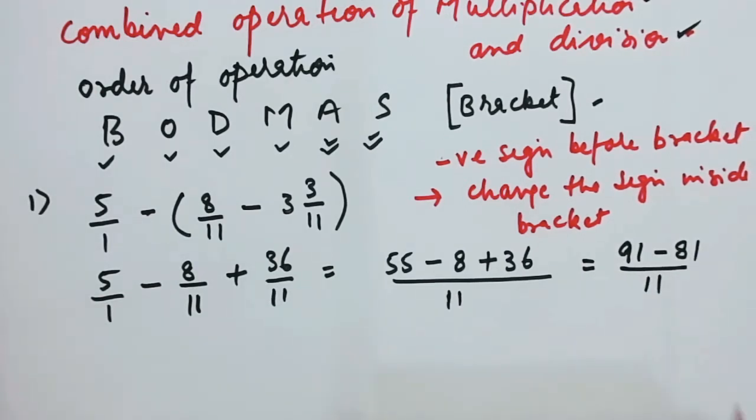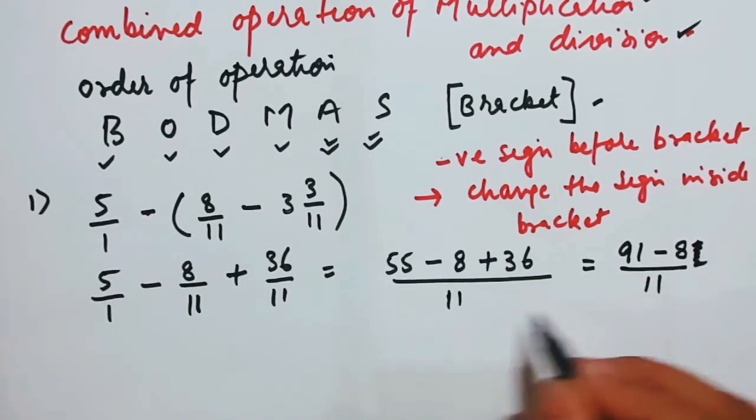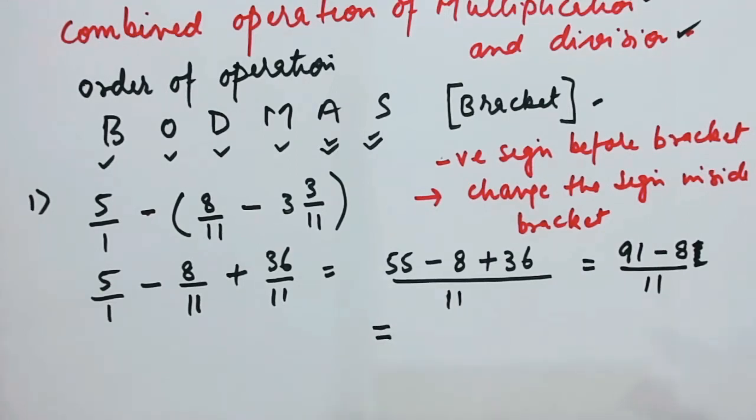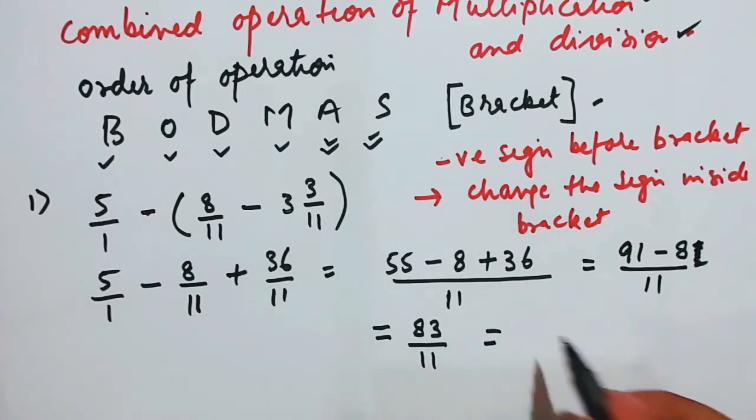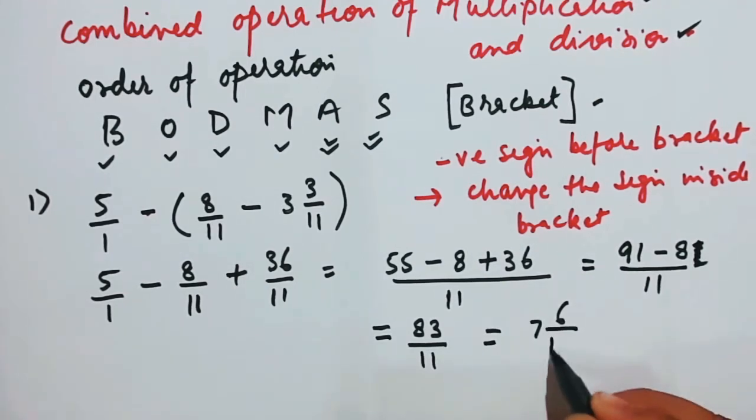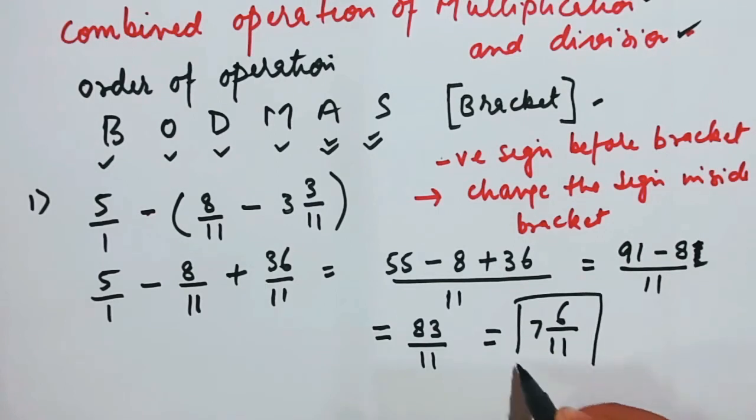Oh, what am I writing, anything! 91 minus 8 by 11. So 91 minus 8 is equal to 83. So 83 by 11, which will give you 7 6 by 11. Wow, goal, isn't it?